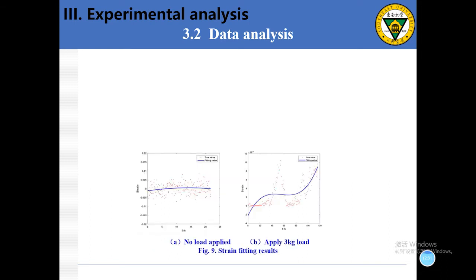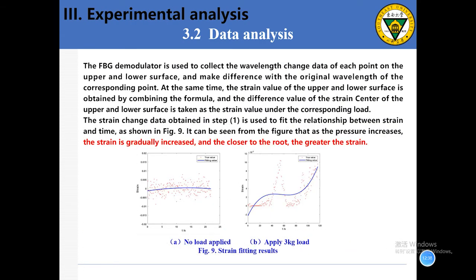Please look at Figure 9. This is the string fitting results. The FPG demodulator is used to collect the wavelength change data of each point on the upper and lower surface, and make difference with the original wavelength of the corresponding point.